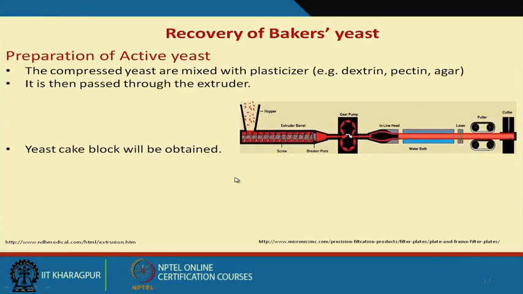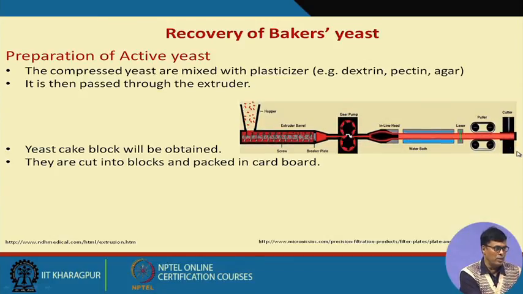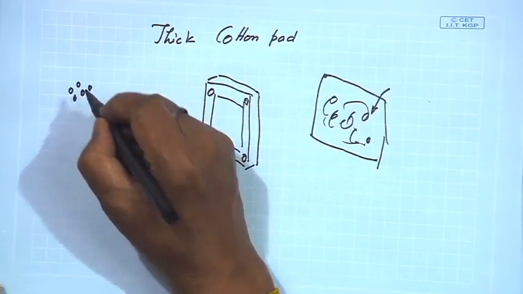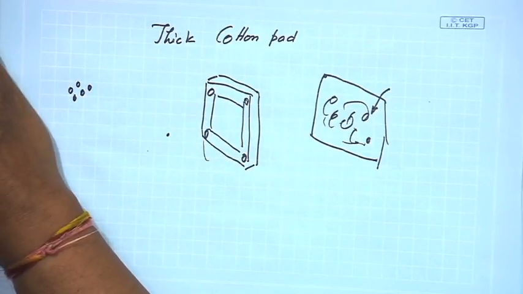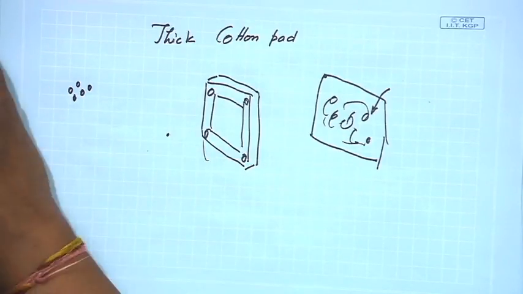You can form a block, or you can cut the thread to get small portions. Then you dry it. When dried, it forms small pebbles. That is why, as we saw initially, the active dry yeast is not in exact powder form but in pebble form.